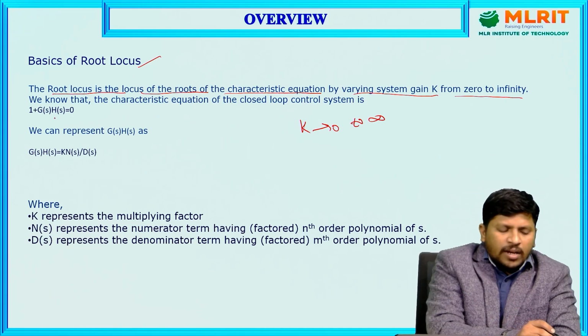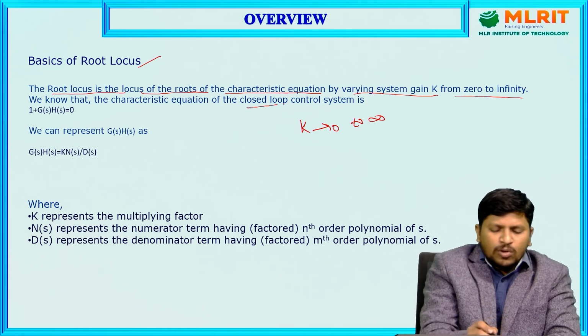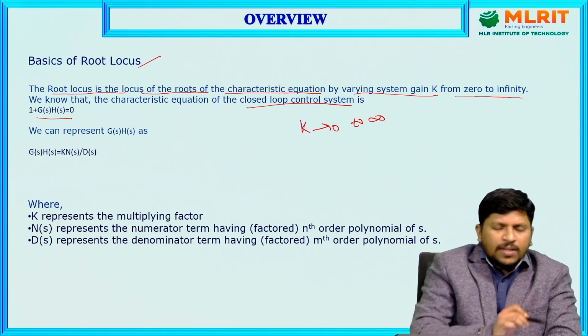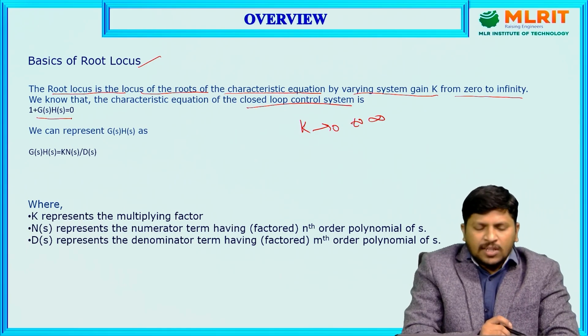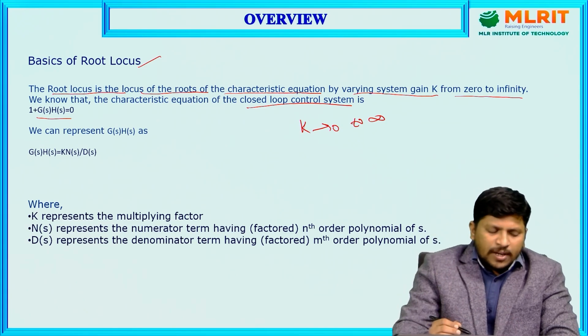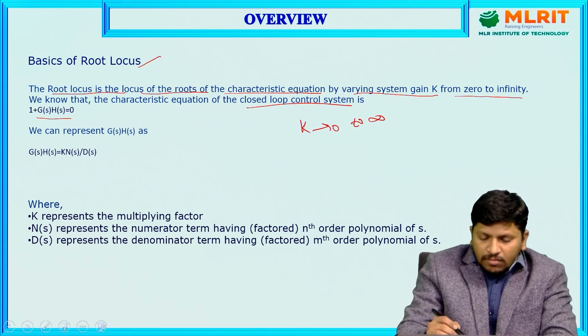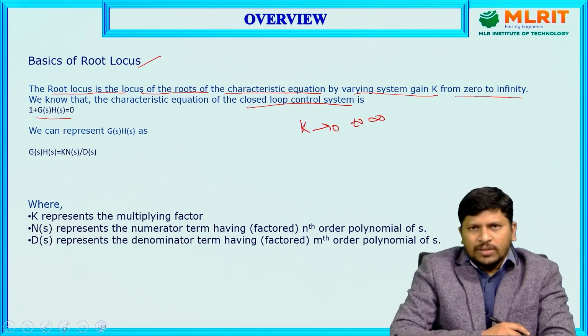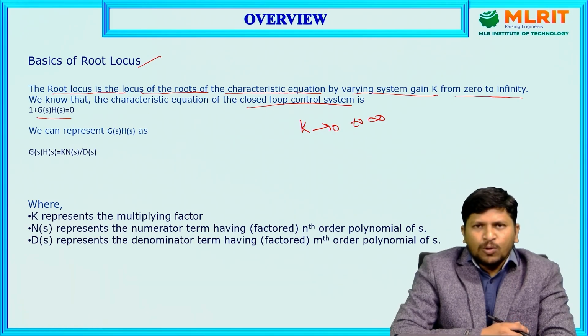The characteristic equation from the closed loop control system is 1 plus G(s)H(s) equals 0. How do we get that characteristic equation from the closed loop control system?